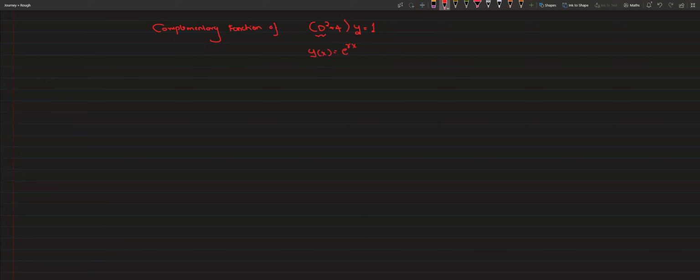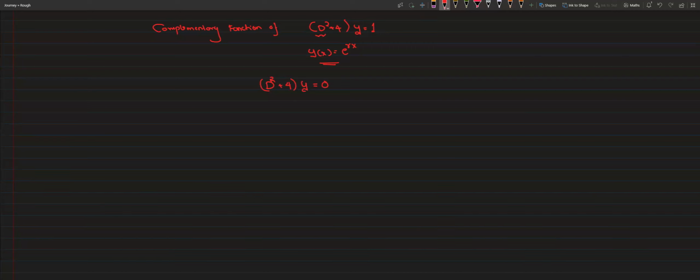Usually, whenever they ask you for finding the complementary function, the right hand side you have to equate with 0. So this will become D square plus 4, y equals 0.